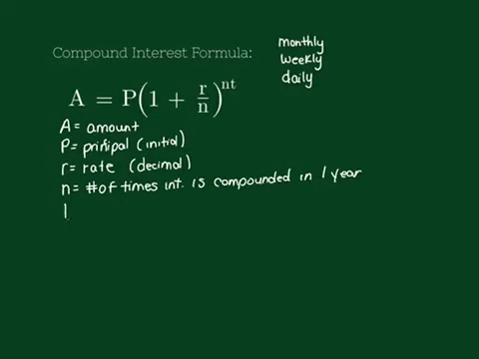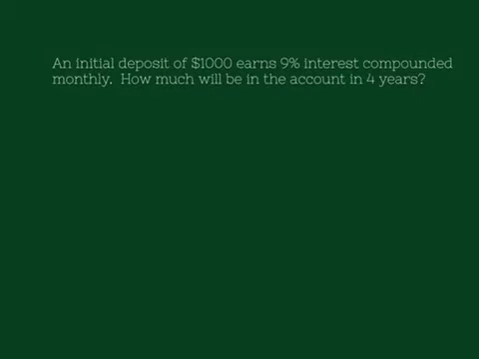And then T is time in years. So that's what all of those different variables stand for. So let's look at an example of how to set this up, and then I also want to talk to you about how to put this in your calculator correctly if you're using a graphing calculator.